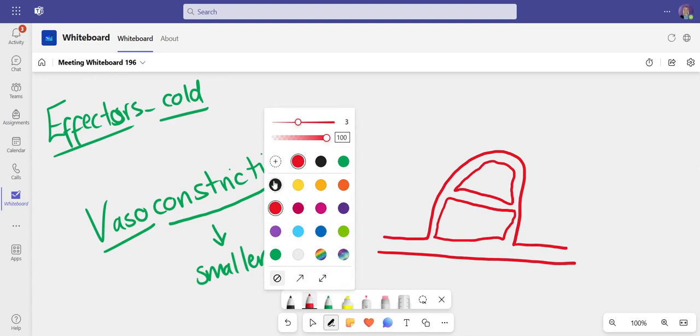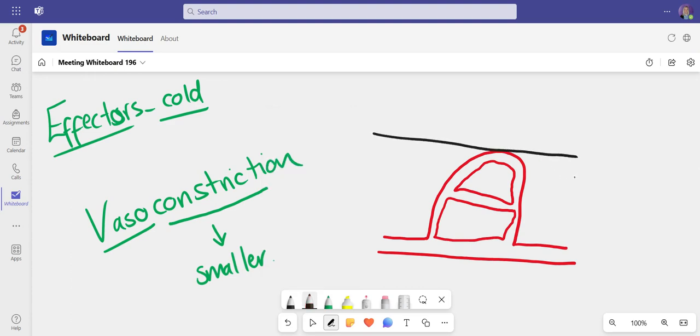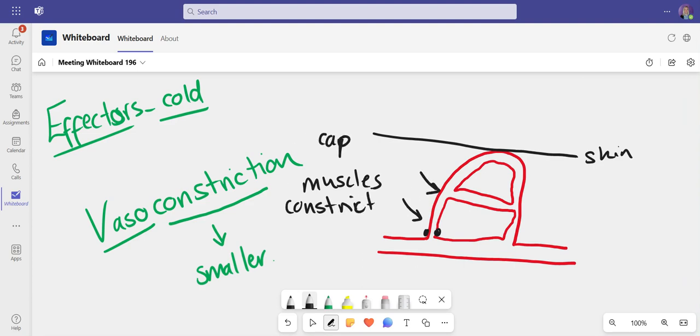Okay, so if our skin's up here, it's the muscles here, remember? And this time, those muscles are going to constrict. And what that's going to do is it's going to make these capillaries narrow.